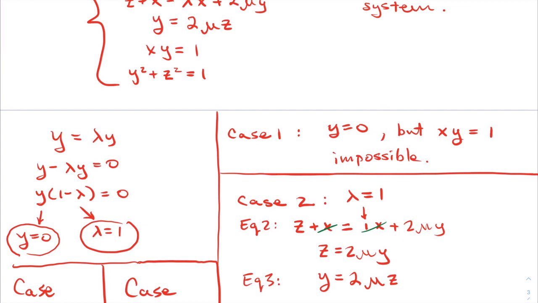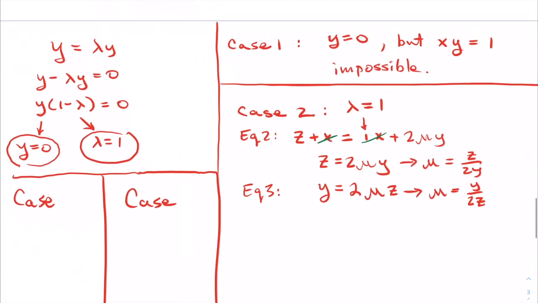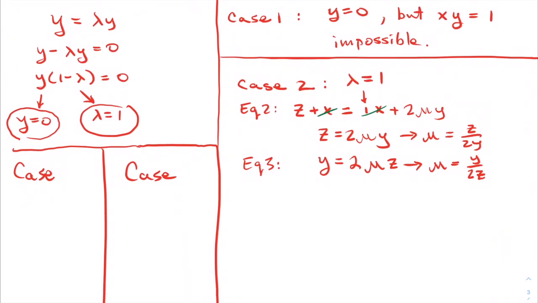Okay, so it makes me think we probably should solve each of these for mu, and maybe we can find a relationship between y and z. So in the first one, mu is z over 2y. And on the second one, mu is y over 2z. Really similar relationships. Now, those are both mu, so we can set them equal to each other.